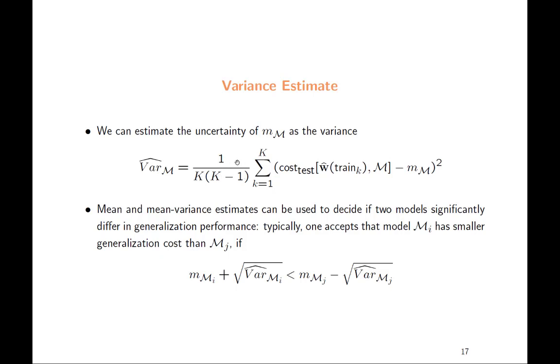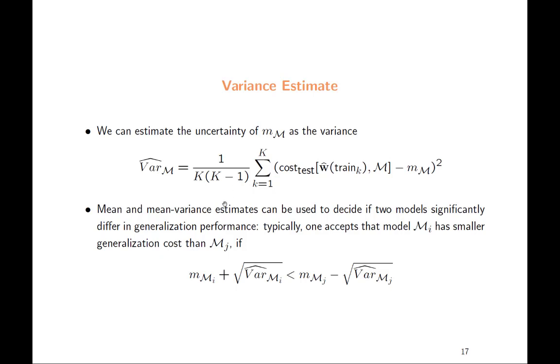Because we're interested in the estimate of the mean, we're not primarily interested in the distribution of the variance here. So that's why we can divide by k and k minus 1, which gives you the uncertainty of your mean estimate. And so we have not just the mean value of the test set performance, but also some degree of uncertainty.